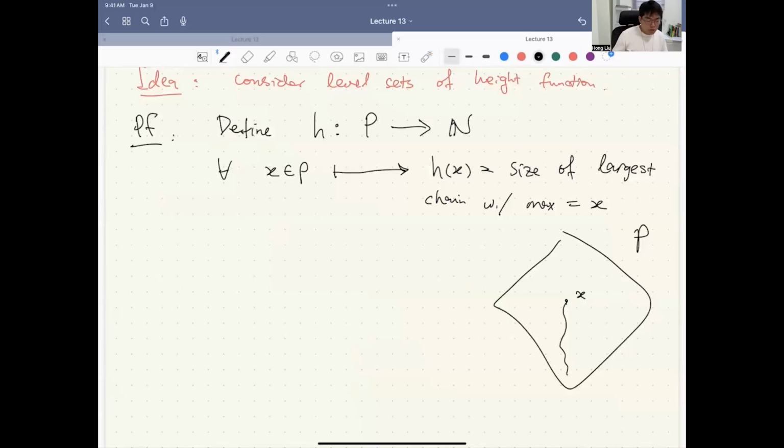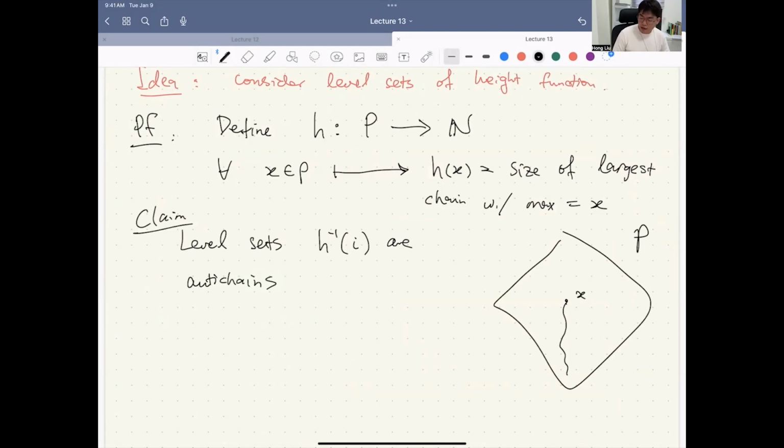Now, the idea is that if you look at the level sets, what's the level set? That's the inverse image of each level i. They are anti-chains. All we need to do is to prove this claim.